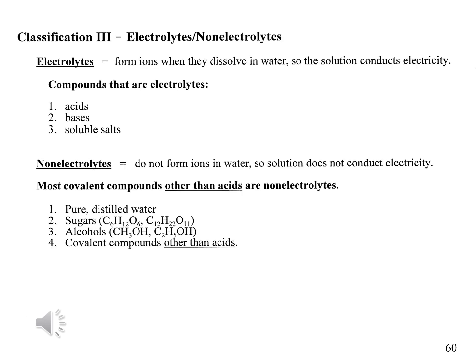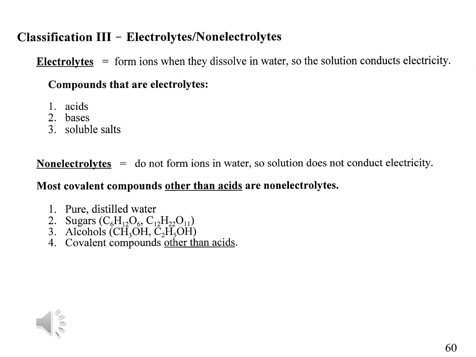Here's another classification that I want to talk about. When you dissolve a salt in water, we're going to find out that they are what are called electrolytes. When you take a compound like an acid, a base, or a salt and dissolve it in water, they form ions that are separated from each other.